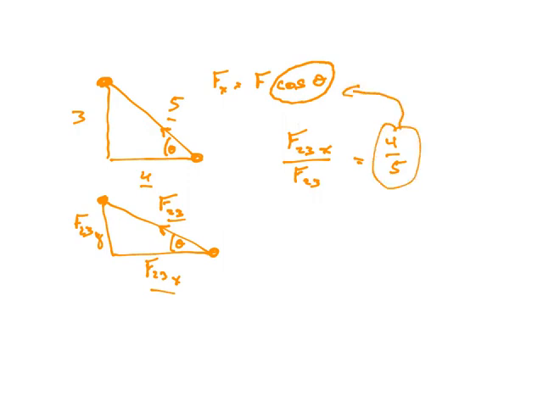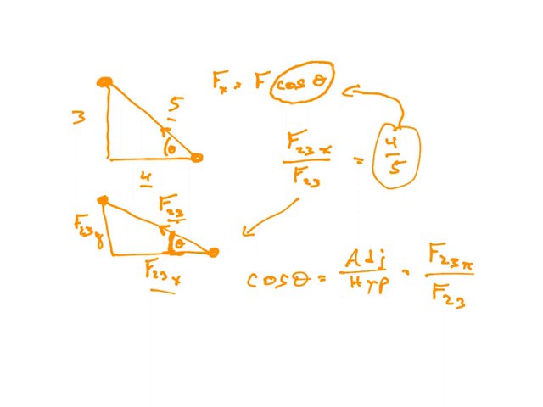And why 4/5, not 3/5 or 3/4? Well, if I wanted cosine of theta, what is cosine of theta? Cosine theta is the adjacent side over the hypotenuse. The adjacent side here is F23X over the hypotenuse, which is F23.